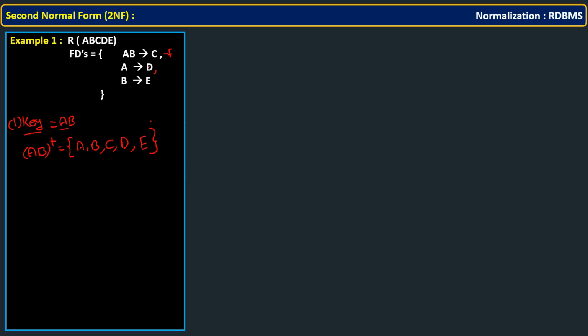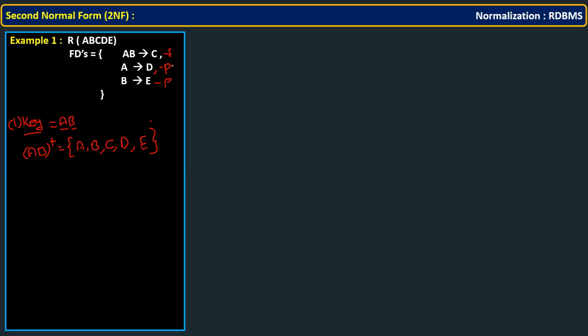But if you observe D, a non-key attribute, D is dependent on A, not the complete primary key. So A is one prime attribute, and this is a partial functional dependency. And here also the non-key attribute E is dependent on B. That is why this is also a partial functional dependency.